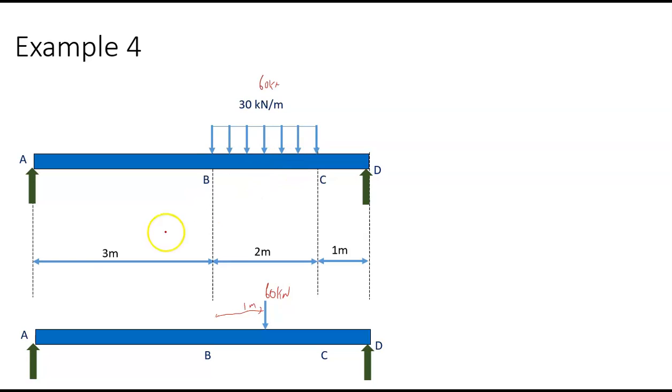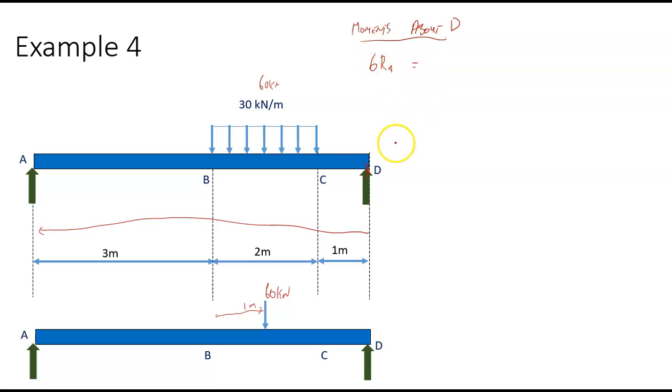All right, so if I want to get the reaction forces, I take the moments about, say, D. The clockwise moment is RA multiplied by this distance, which is 3 and 2 is 5 and 1 is 6, so 6 RA.